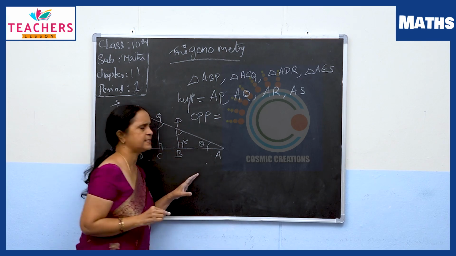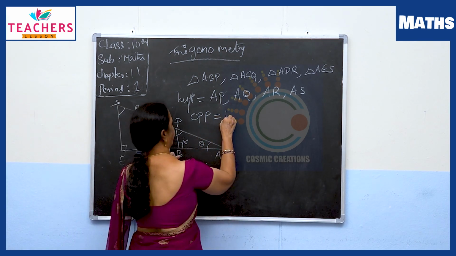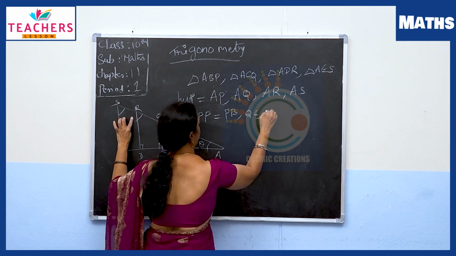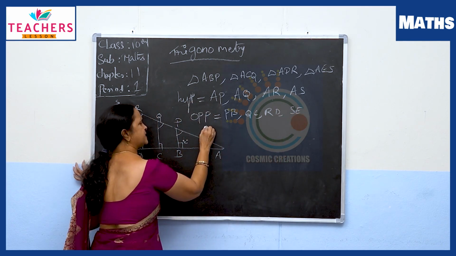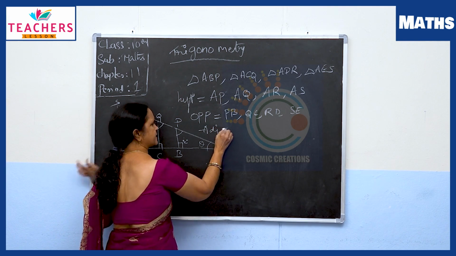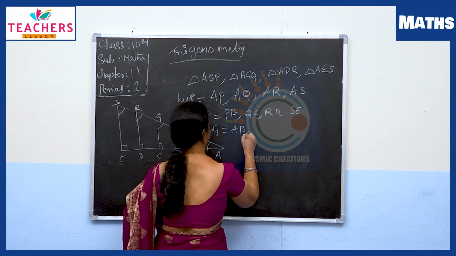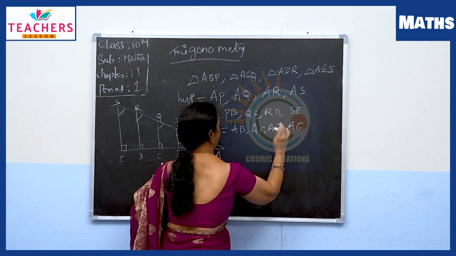With respect to theta, what are the opposite sides? BP, next QC, next RD and SE. Adjacent: AB, AC, AD and AE.